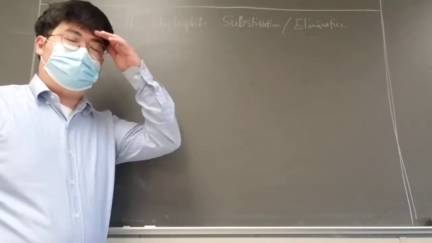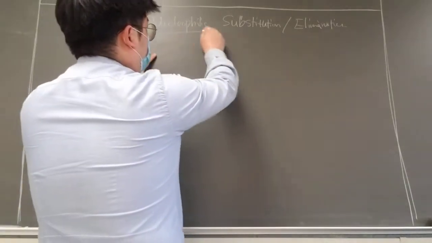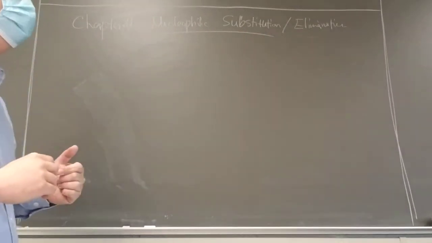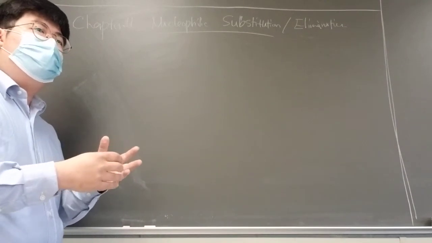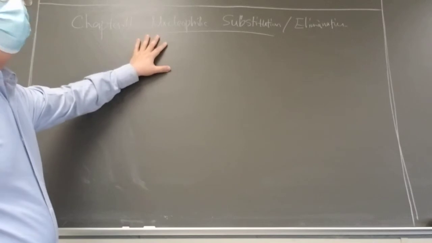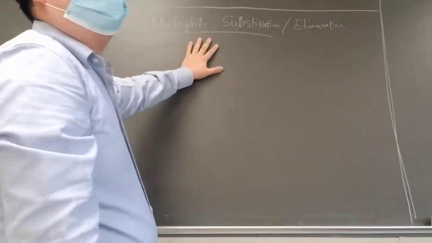If you look at the textbook, this is a really substitution-heavy chapter. I'm not going to lie: when you study for exam 2, focus on this part more. There are only very few questions from elimination, but a lot more from substitution.